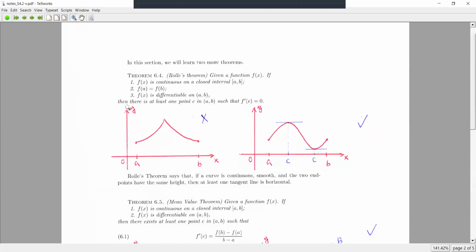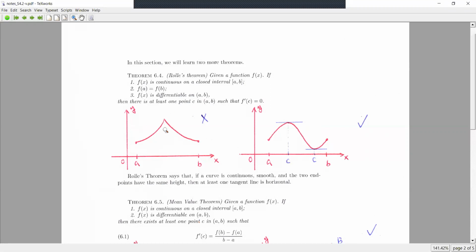The conclusion is there is at least one point between A and B where the derivative is 0. The tangent line is horizontal. About this curve, I can see 2 points where tangent lines are horizontal. How about this one?